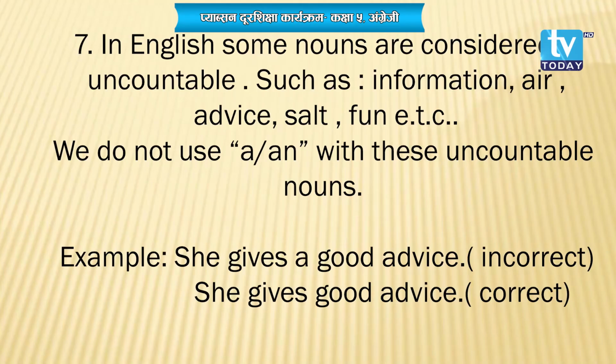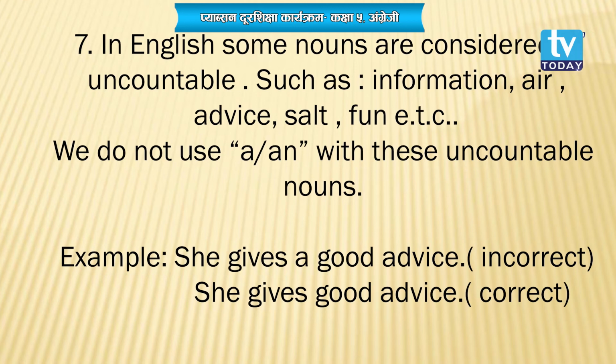Please check it out. In English, some nouns are considered uncountable. Some are still written in a countable form, but they are used as uncountable terms. So what are those words? Please have a look at the slide as well: information, air, advice, salt, phone.